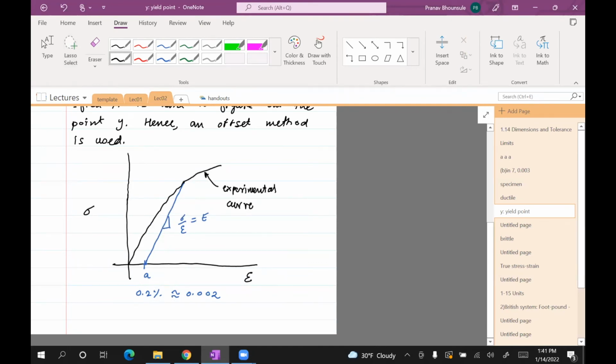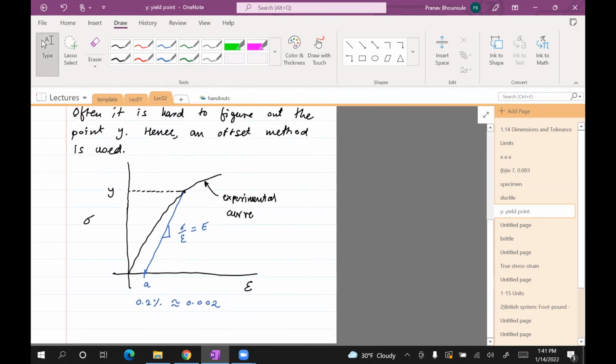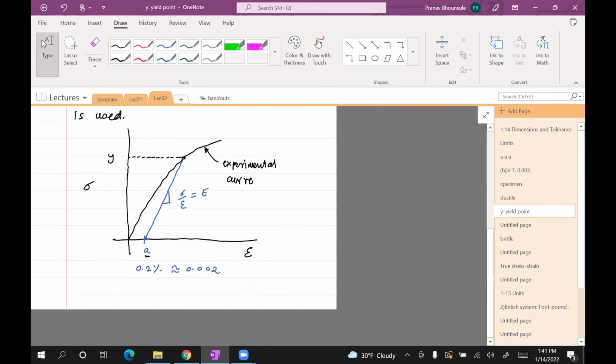Okay, so this point is identified as the yield point. Okay, so this is purely by this method called the offset method, where I'll write down the steps in a bit.